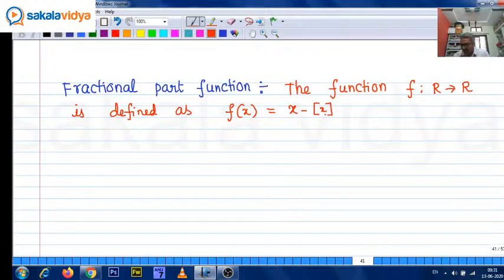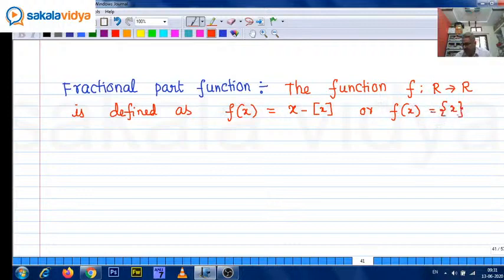That means x contains an integral part and a fractional part. If you subtract the integral part from any number, you will be getting the fractional part. Or this can be written f of x is equal to fractional part of x.